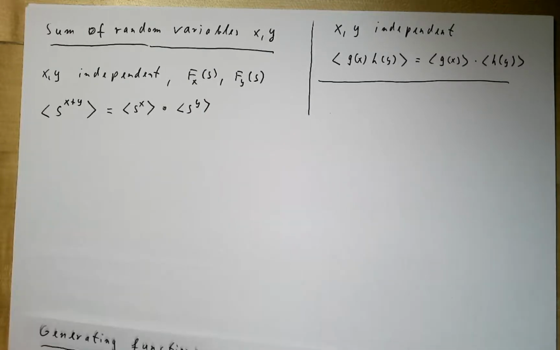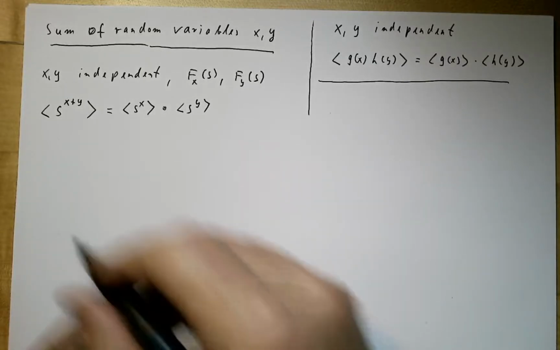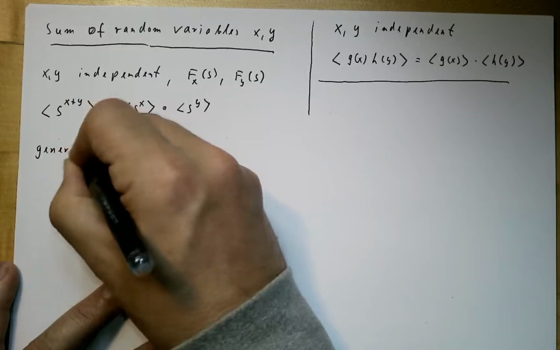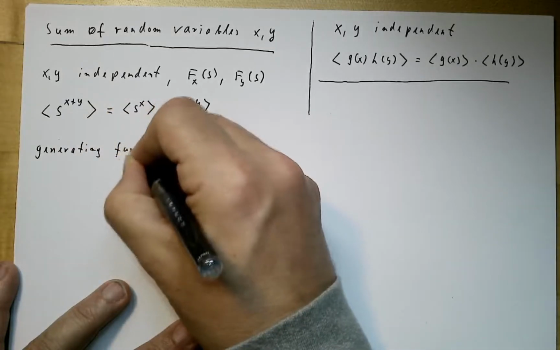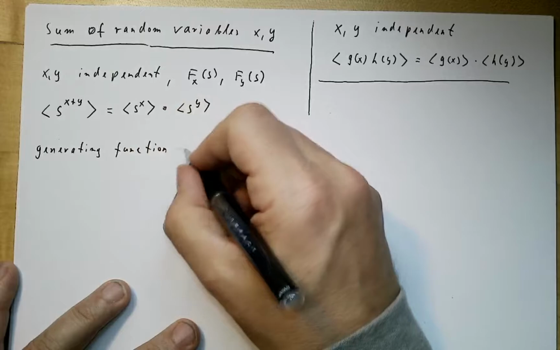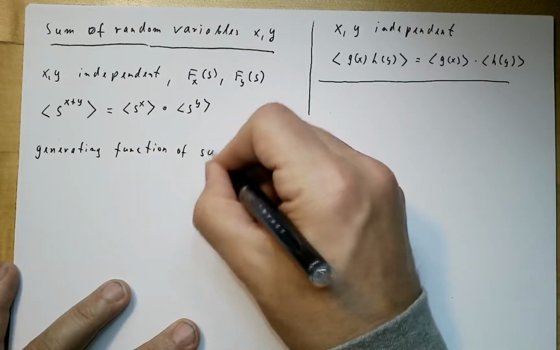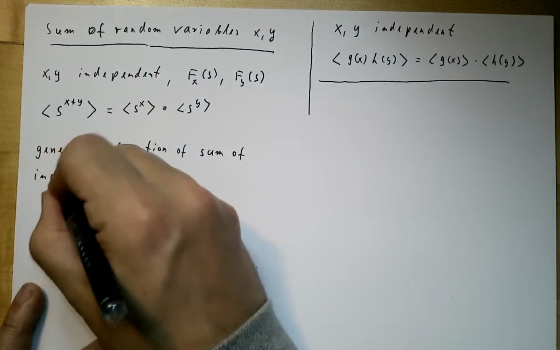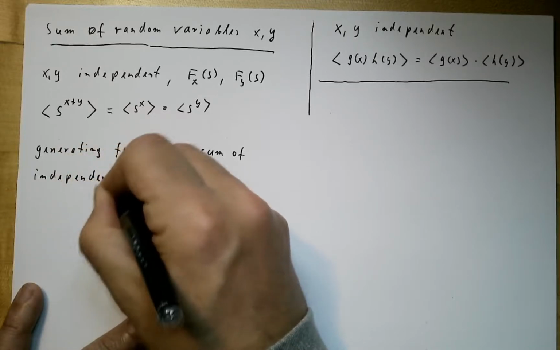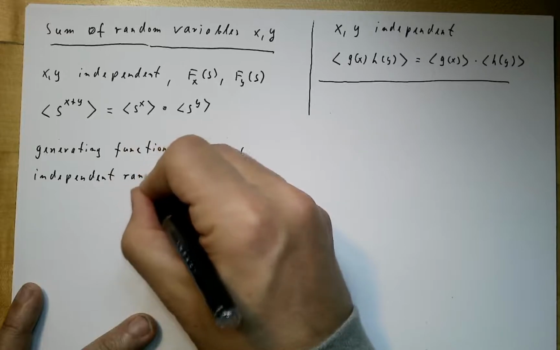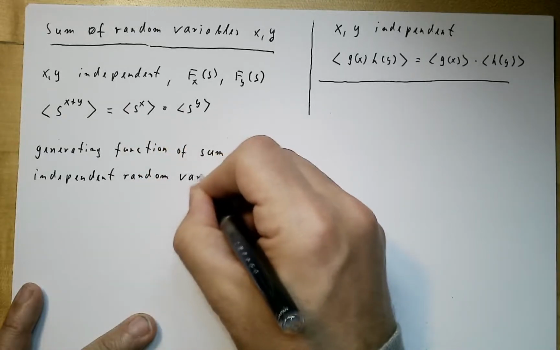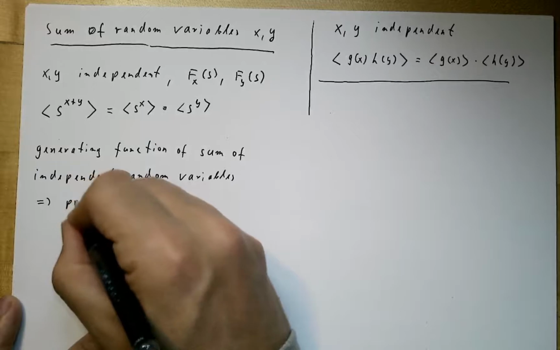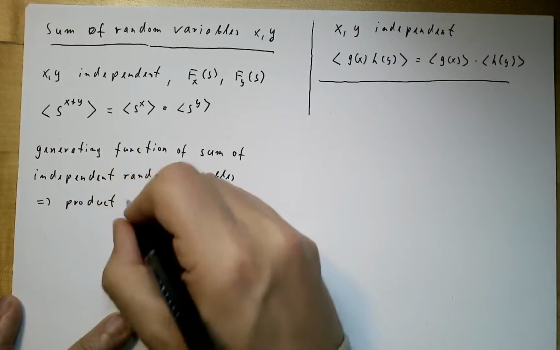So we obtain a very important theorem: the generating function of the sum of independent random variables yields the product of the generating functions.